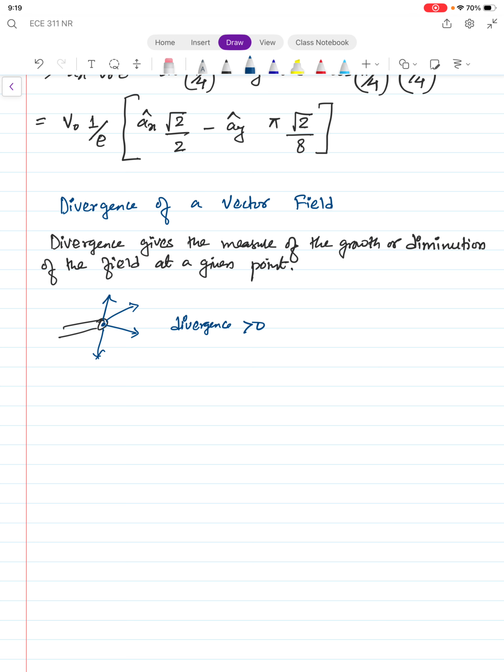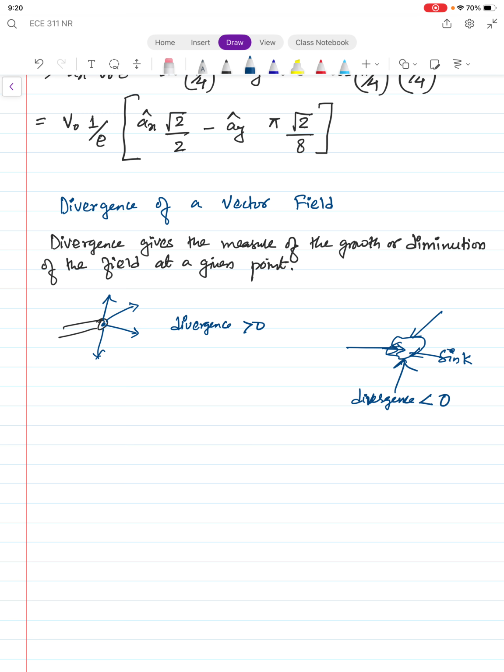And let us take an example where the divergence is negative. If you consider a sink, water flows into the sink and it disappears, meaning that the divergence over there is negative.